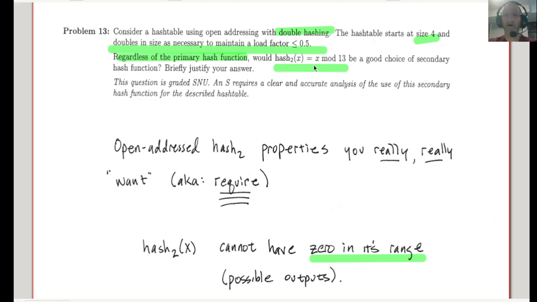So, for instance, use all of the string, not just the first 2 characters. And what's the third thing we want? We want its distribution of values in its range to be essentially uniform over the width of its range. We do want hash2 functions to use all of the input as well, but that's certainly not a failing quality of x mod 13 because it uses the entire value of x.